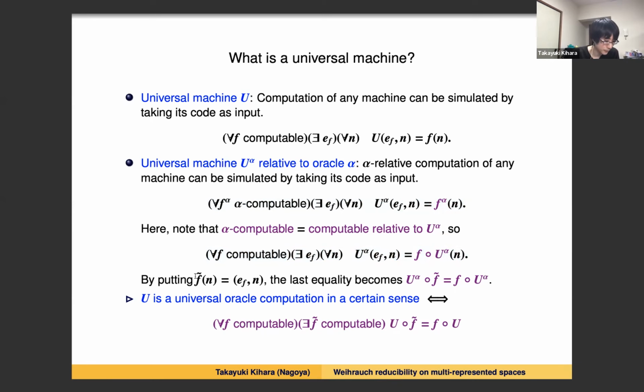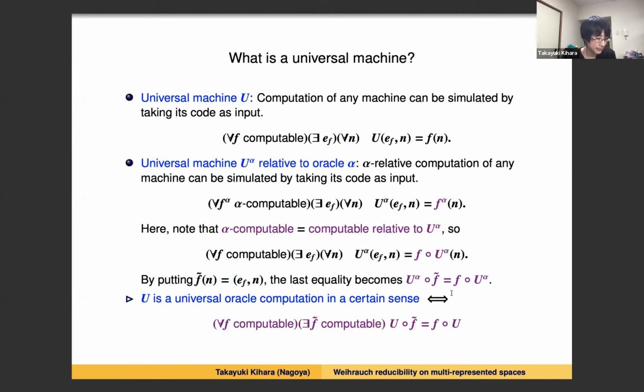Okay, so we write F tilde for the function that outputs the pair EF, n for input n. Then the property of this equality can be expressed in this simple form: U alpha composed with F tilde is equal to F composed with U alpha.